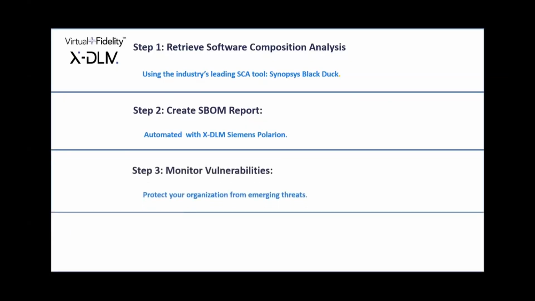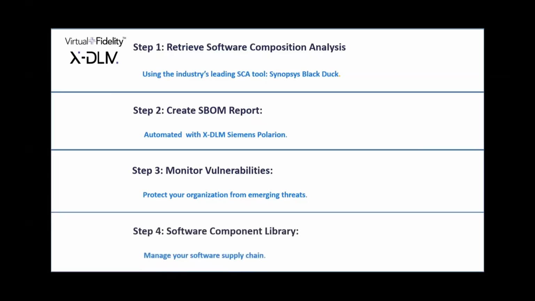Then we'll show you vulnerability related information and reports. These help to automate monitoring and managing vulnerabilities that affect your SBOM. It also helps to accelerate remediation and reduce your risk exposure. We'll be using Black Duck security advisories, BDSAs, along with common vulnerability and exposures, CVEs, to create these reports.